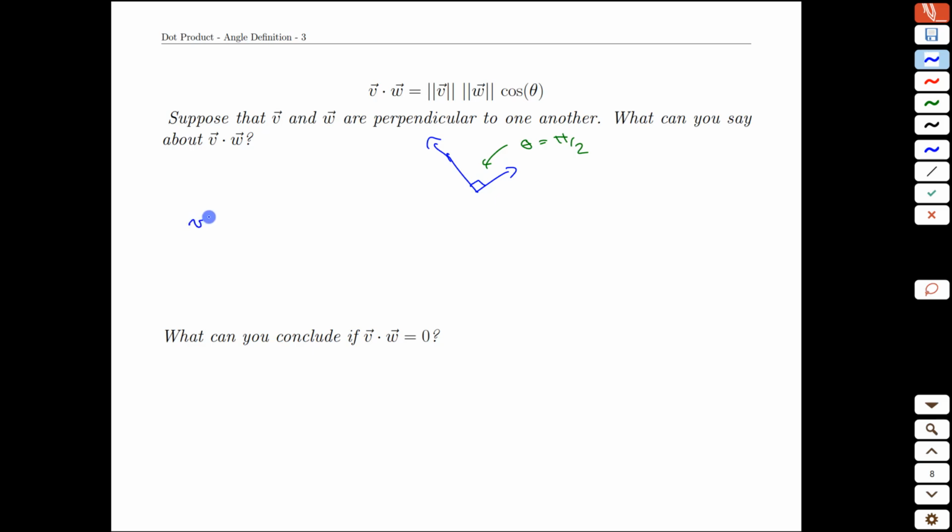Well, if we have that guaranteed, then we're going to have the length of v times the length of w times cos of pi over 2. If we have perpendicular vectors, cos of pi over 2 is always going to equal 0. And so regardless of the length of those two vectors, we're going to have a 0 dot product.